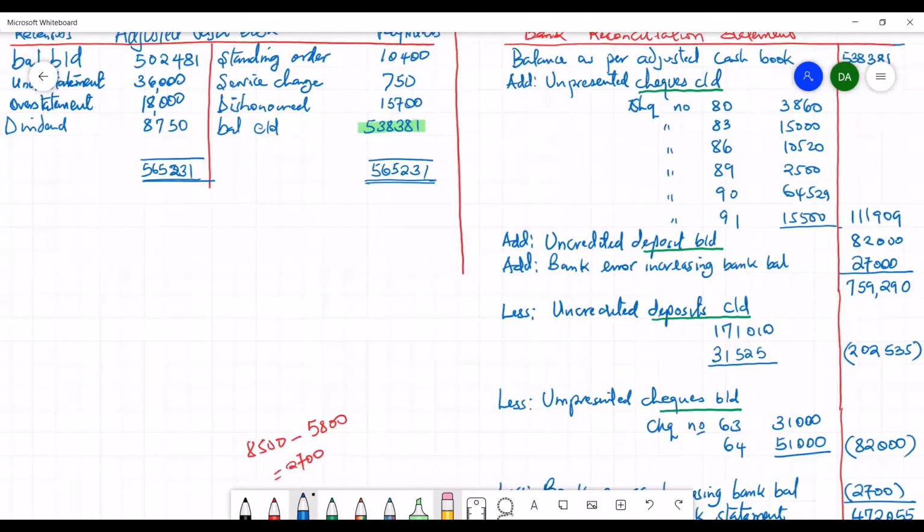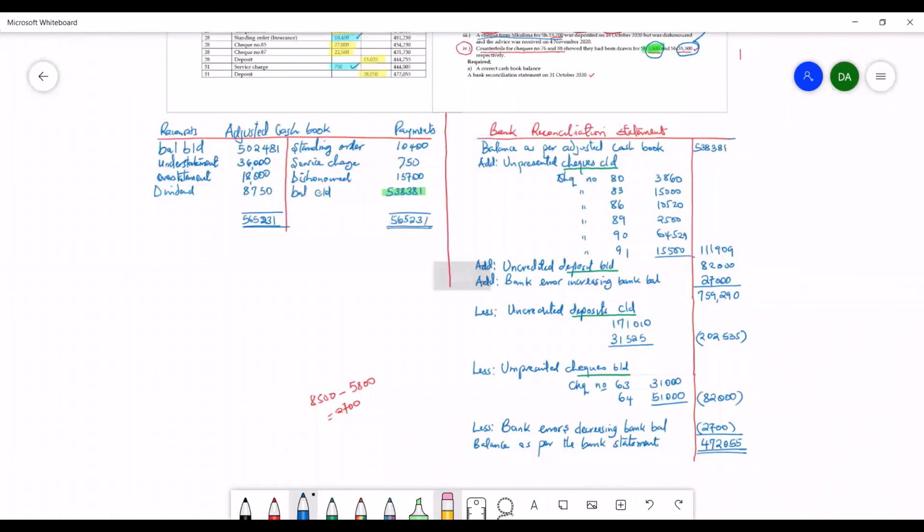In the bank statement at the end, the amount we have is 472,055, and that is the same as the amount we have here in the bank reconciliation statement. So if this amount is the same as what we have in the bank statement, then it means we have successfully done a bank reconciliation statement.